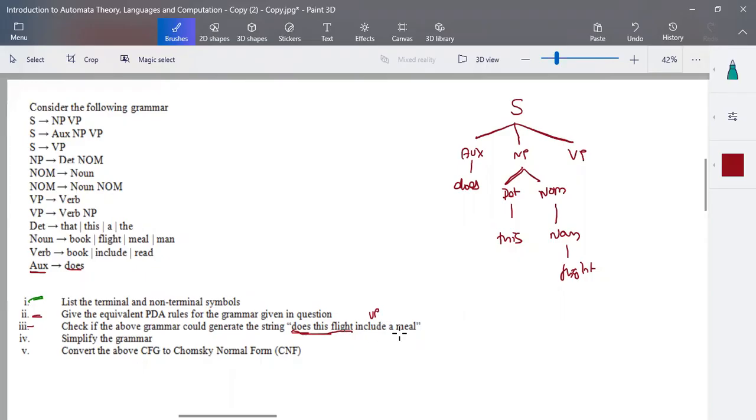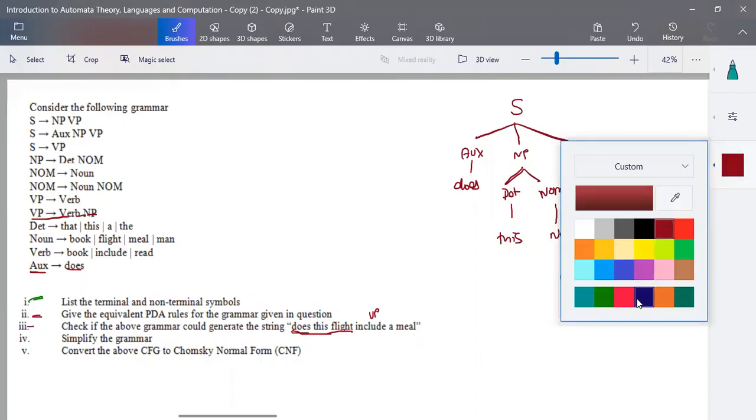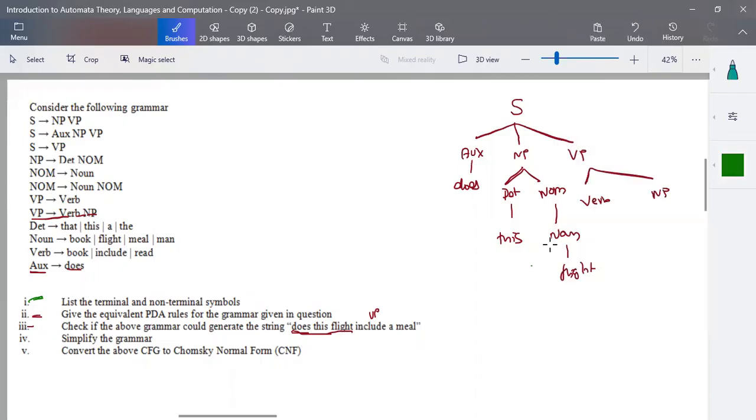Now we have to verify 'include a meal'. Include is a verb portion followed by something else. For this we cannot directly take it as a verb; we have a verb followed by a noun phrase. So we take the production rule VP as Verb followed by NP.